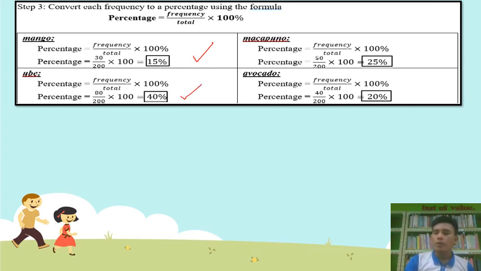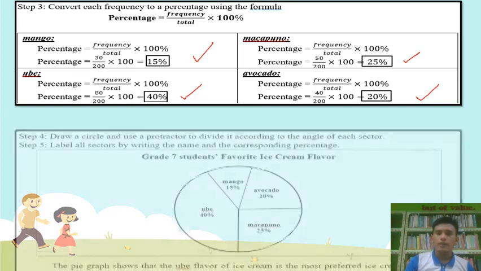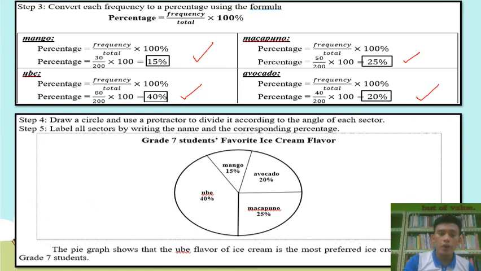For makapuno, 50 over 200, which is the total, times 100, that is 25%. Avocado, 40 students over the total of 200 times 100 is equal to 20%. You can use your calculator in solving this one. These are the percentages for the given frequency.